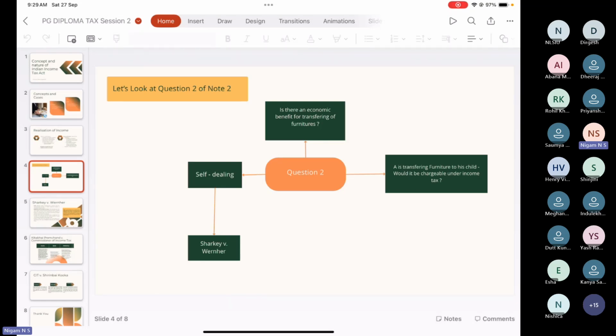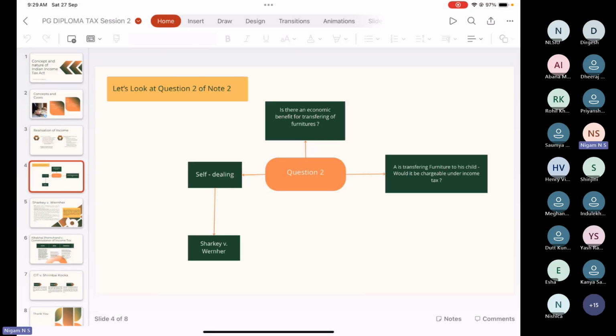I'll just read out one part of it: A has a family that consists of his wife and his only child B. A is a seller of furniture and fittings meant for residences. In order to help B, A decides to withdraw some of the furniture from the business and give it to B for no consideration.